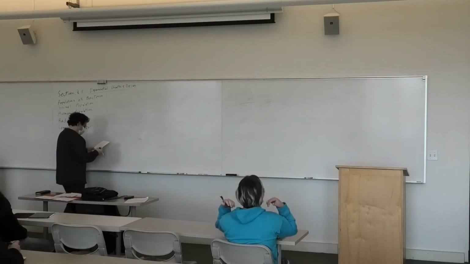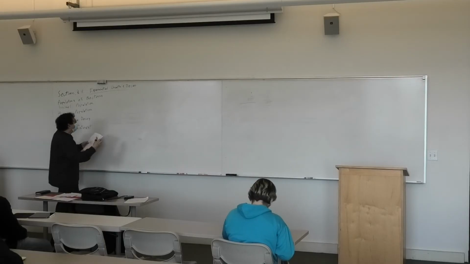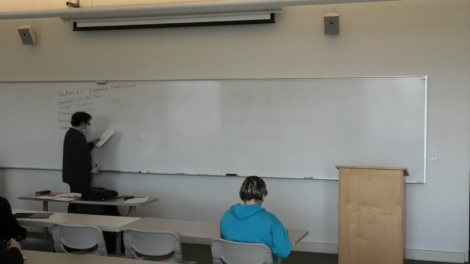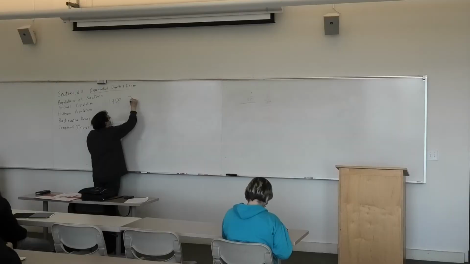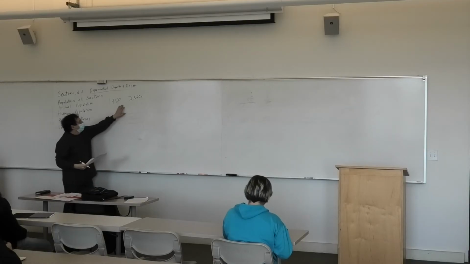So, the first problem we're going to look at is a population problem. It says that in 1950, the world population was 2560 million. I'm just going to use the quantity in millions.